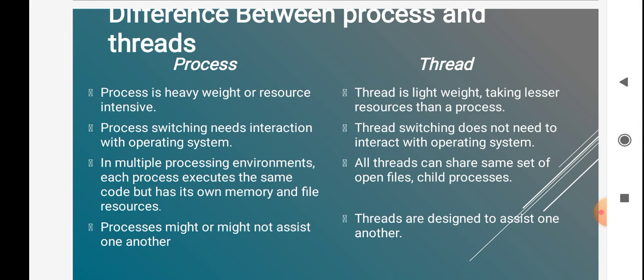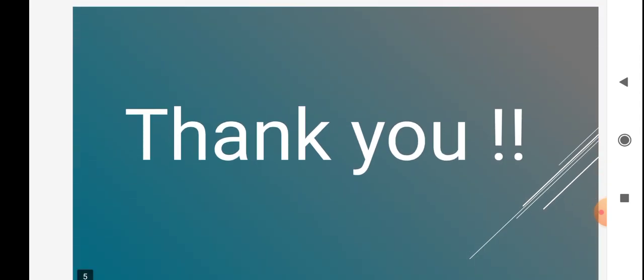Here we have studied the definition, some basic features of threads, and the similarities and differences between process and thread. In the next video I will explain multi-threading. This was only a brief introduction about threads. Okay, thank you.